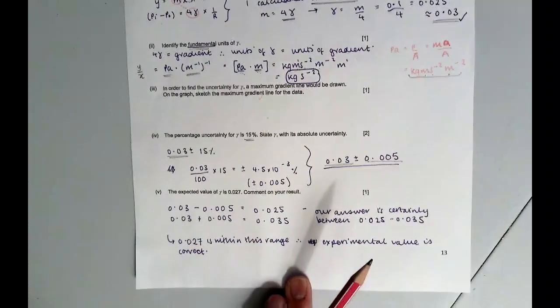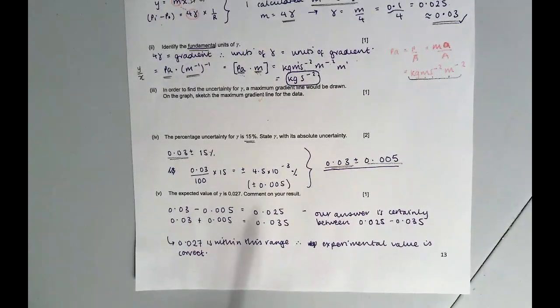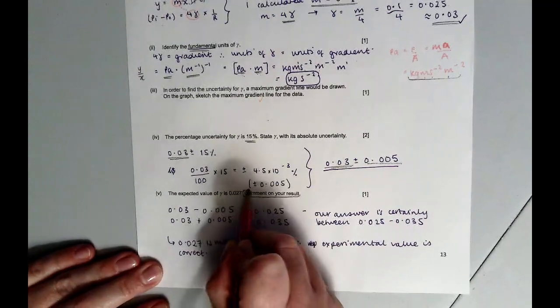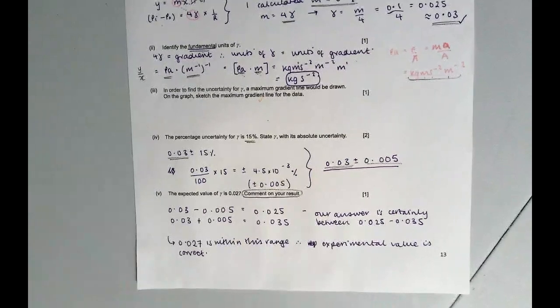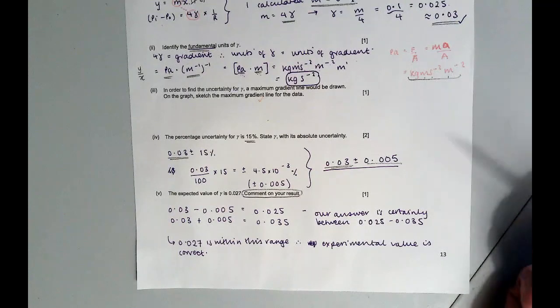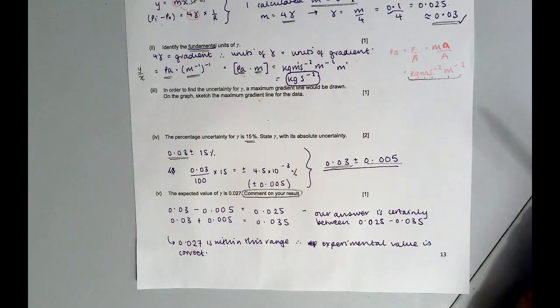And then it says finally, the expected value is 0.027. Comment on your result. Now this is a new style of exam question that you don't really get very much at IGCSE level. So when we say comment, actually it requires a bit of maths. It isn't a case of just writing some words.